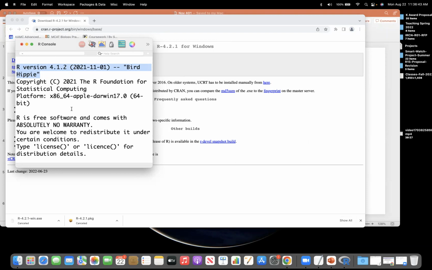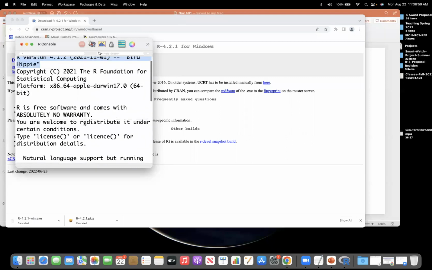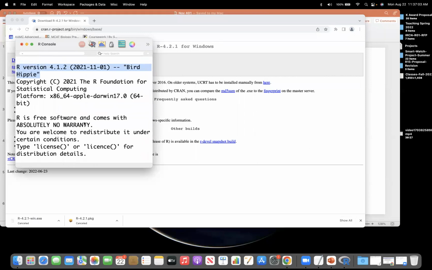Give me a thumbs up if you are able to open this R console. Okay. Two more.